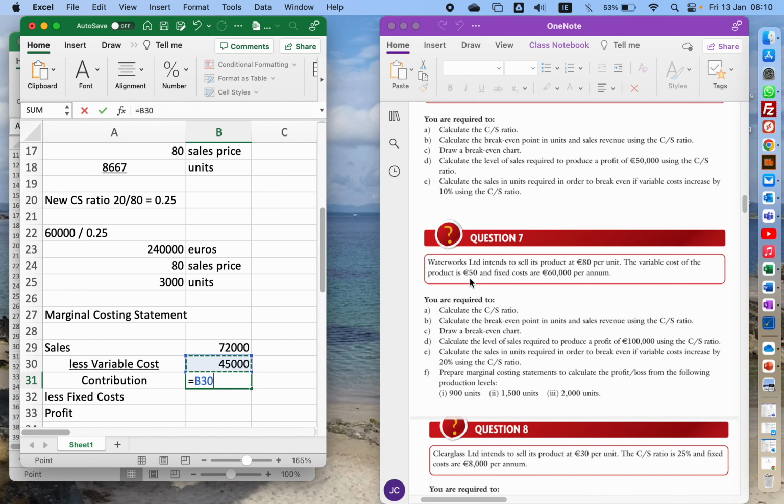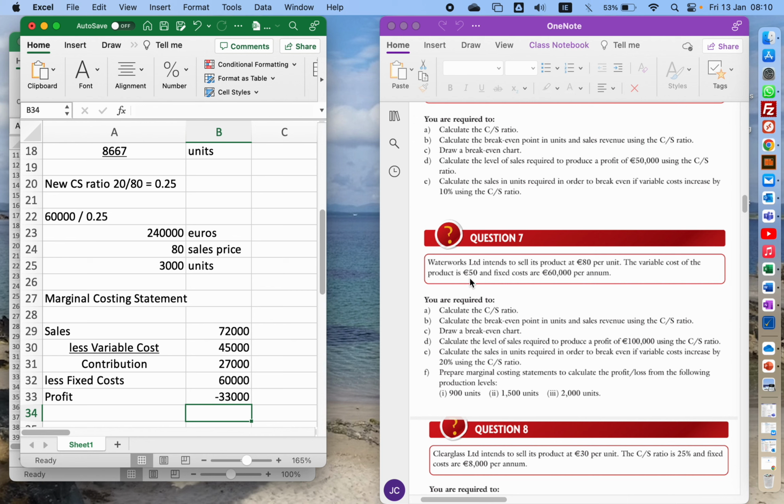We take those two away, and that gives us my contribution. Fixed costs are 60,000, that hasn't changed. Those two subtracted give me my profit. In this case, I end up with a minus number, so that means it's a loss. So if I produce 900 units, I'll make a loss of 33,000. And you can work out the other two in a similar way.